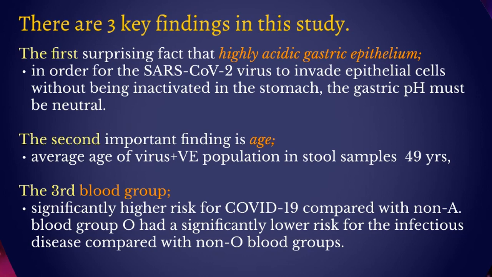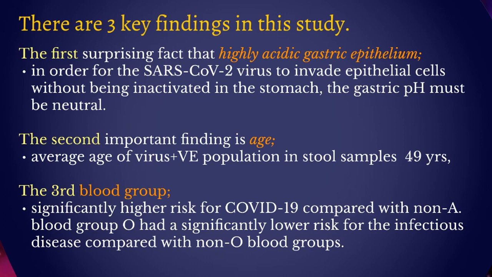The first is the surprising fact that COVID is present in high acid gastric epithelium. The spike, which is the S protein, we will speak later about what this S protein is, mediates fusion with the host cell at a neutral pH.